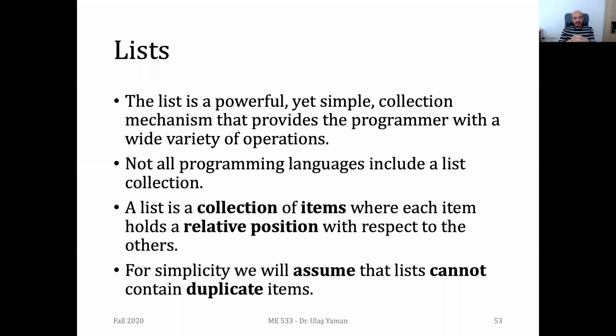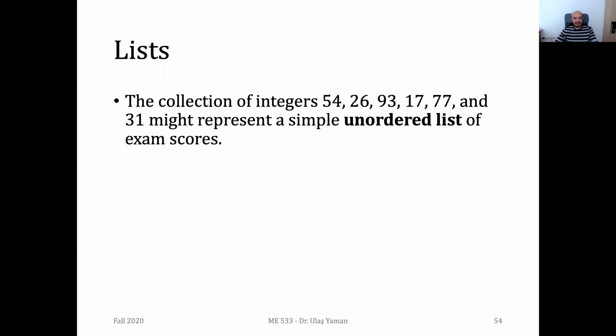Another thing, we are assuming that we don't have duplicate items in our list. Each item is unique, and we don't have another item having the same value in the given list.